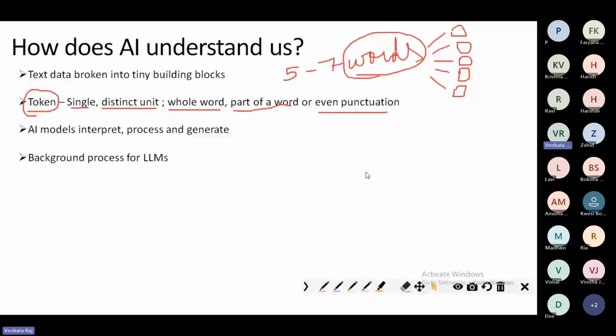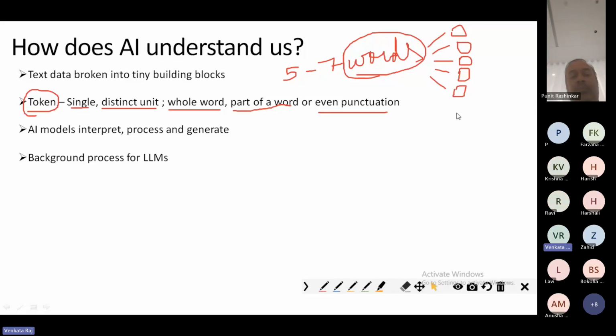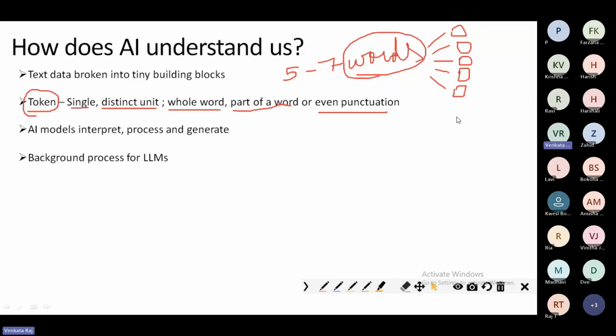As a user, guys, when I am using AI, I am not aware of what all things are happening in the background. For example, the instruction or the text which I am providing is being broken down into smaller units. As a user, can we see that, everyone? No, right? We are not able to see that.